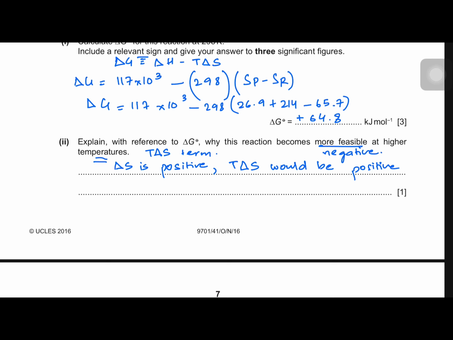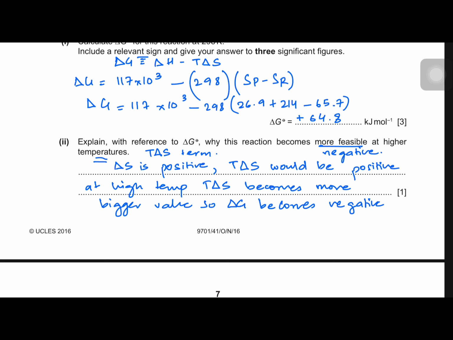And when T delta S is itself positive, what actually happens is at high temperature, T delta S becomes a bigger value, so delta G becomes negative.